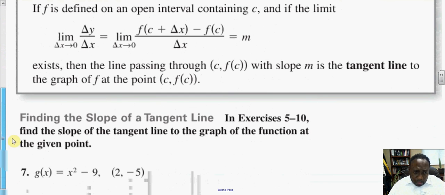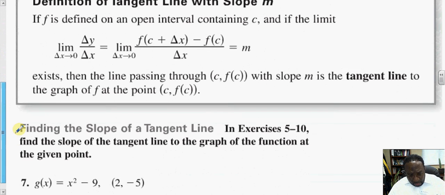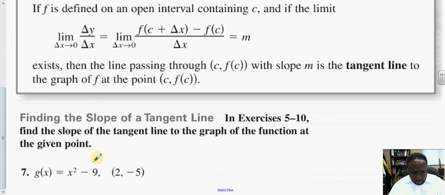So first, we'll use this definition for the slope of the tangent, or the derivative, to calculate the slope of the tangent line to the graph of the function at the given point. We use the definition.